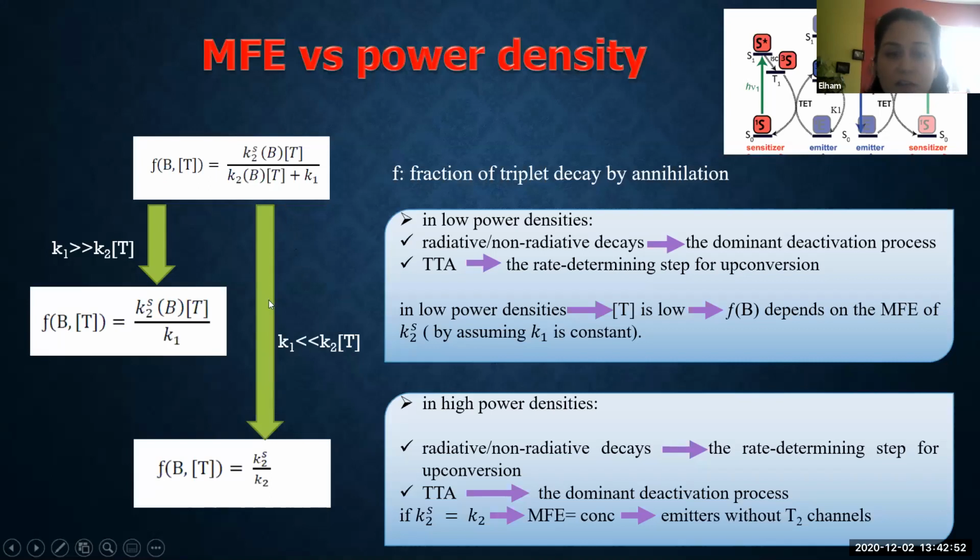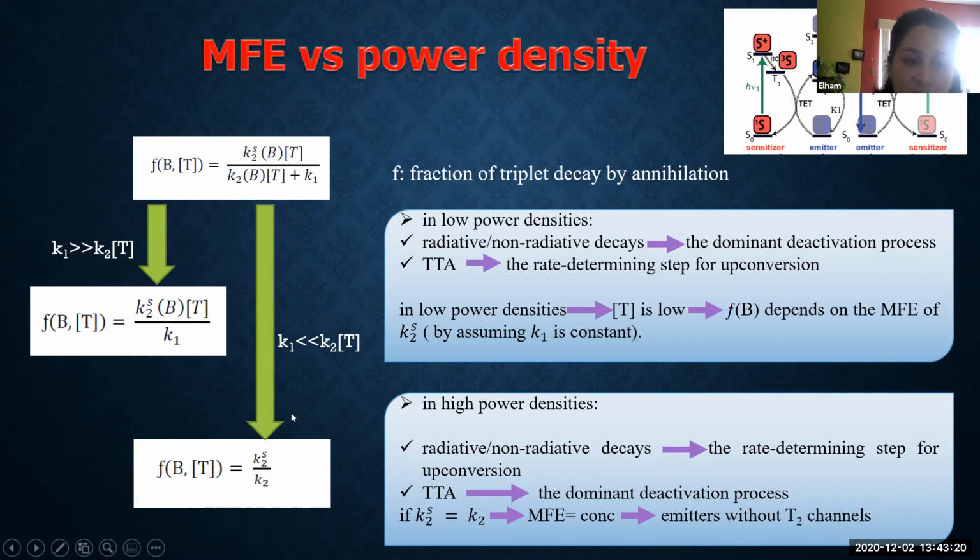The second thing is about high power densities. When we are working at high power densities, the dominant process would be TTA, so we can ignore this parameter, K1, which would be much less than the other parameter.